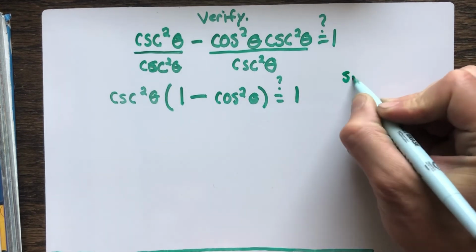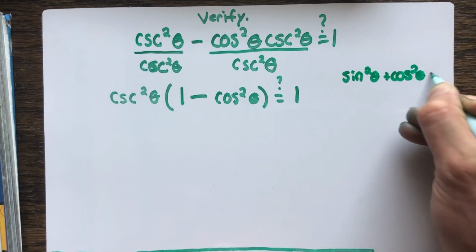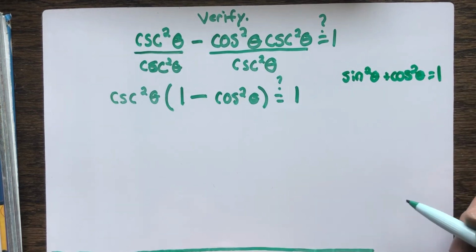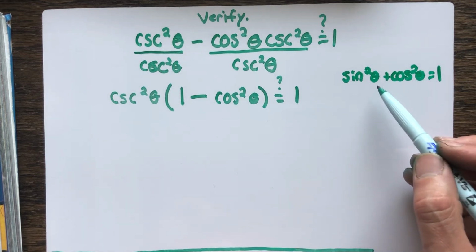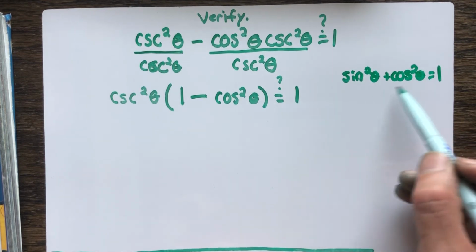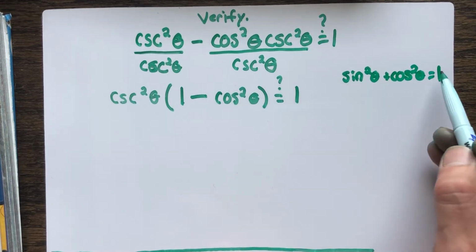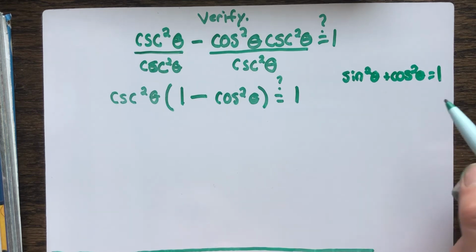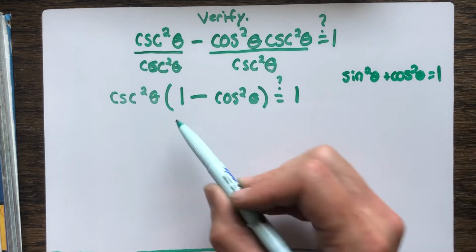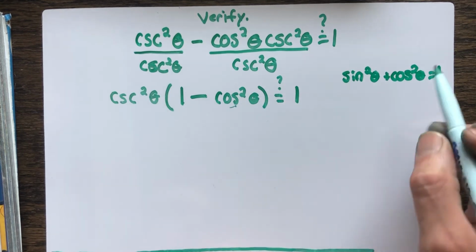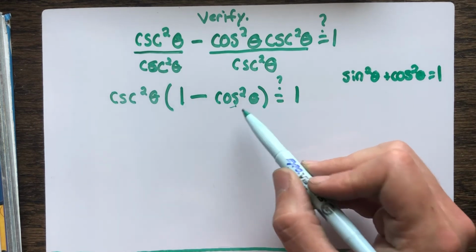Well, sine squared plus cosine squared has both of those. And I made a whole video on just how this works and how you can rearrange them. I'm going to show you a little bit here, but if you're confused about it, you can always watch it there. Remember, we want it to be 1 minus cosine squared. So we want one side of our identity to be 1 minus cosine squared so we can replace.